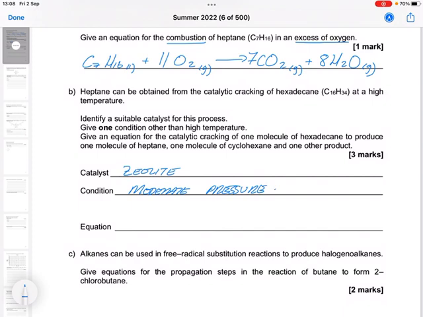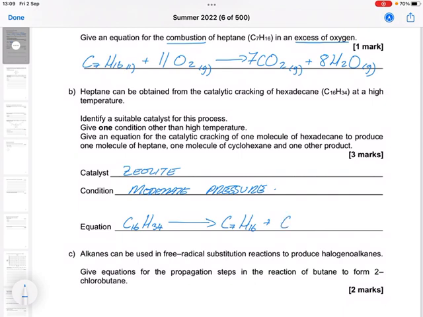And so give an equation for the catalytic cracking of 1 mole of hexadecane, so C16H34, so that is cracked to produce 1 mole of heptane, so C7, so H2n plus 2, so that's C7H16 (2 7s are 14, 15, 16), plus 1 mole of cyclohexane, so that will be C6H14, but you'd need to take 2 hydrogens off, one for each carbon where it joins to become cyclic.